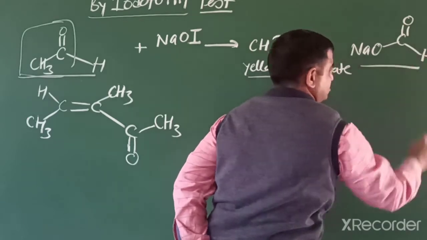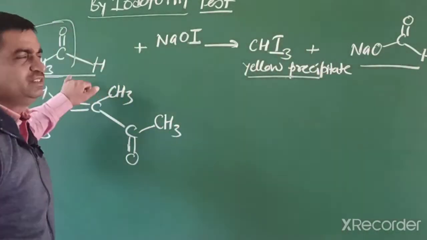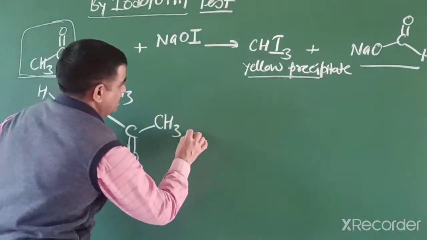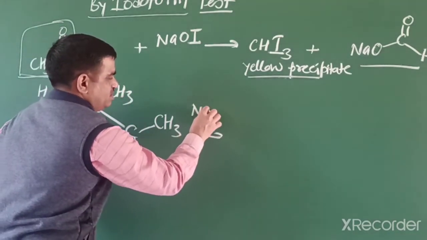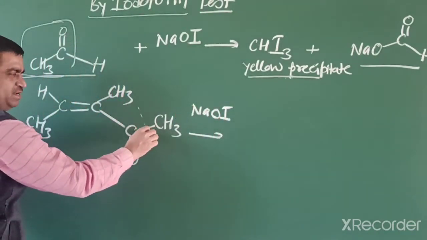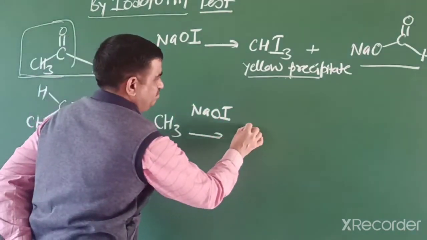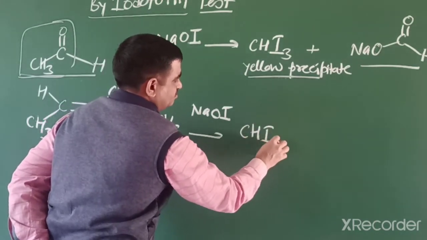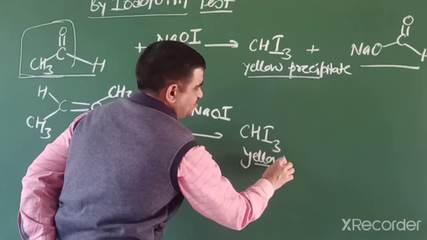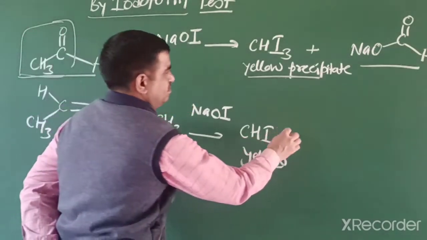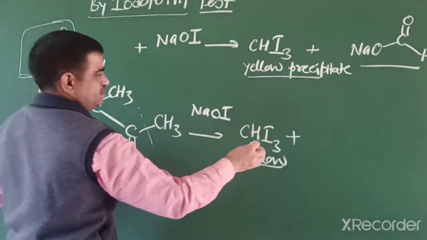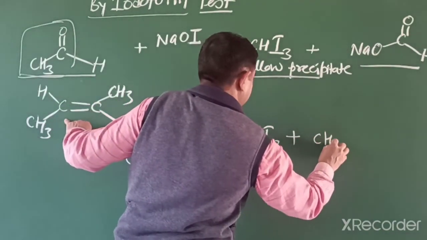Just like if the compound is ethanal, or any other compound with sodium hypoiodite, the methyl group converts into iodoform, a yellow precipitate, and from the remaining compound we get the carboxylic acid salt.